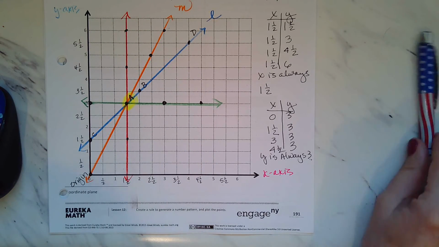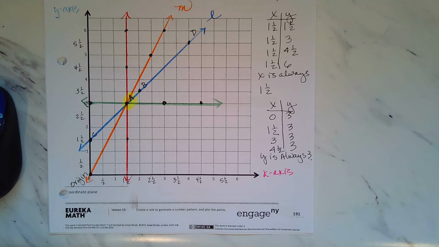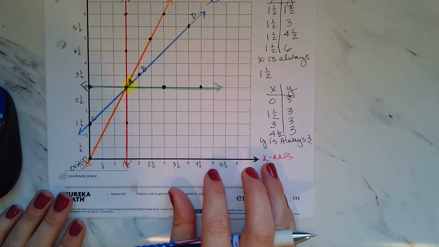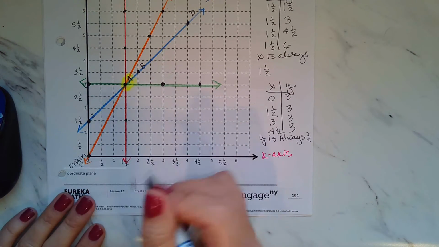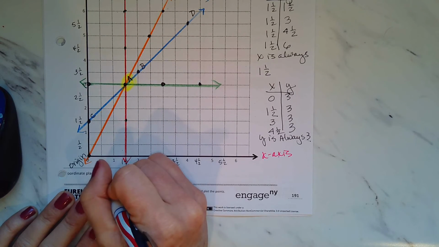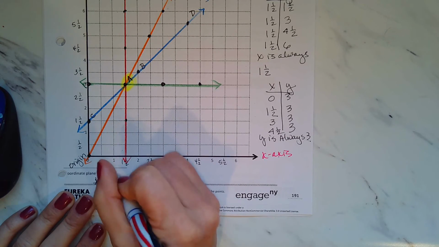All right, the last thing we're going to work with here is we're going to generate a mixed operation rule from a coordinate pair. So a mixed operation. So how about, let me give you a sentence starter.